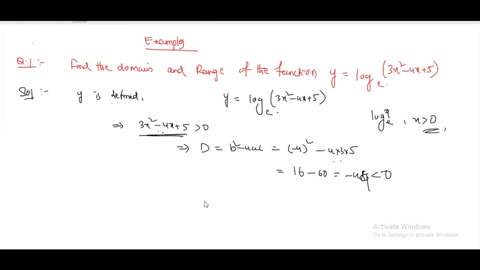The coefficient of x square, 3, is also greater than 0. Therefore 3x square minus 4x plus 5 is always greater than 0 for all x belonging to R. So the domain of this function is R.